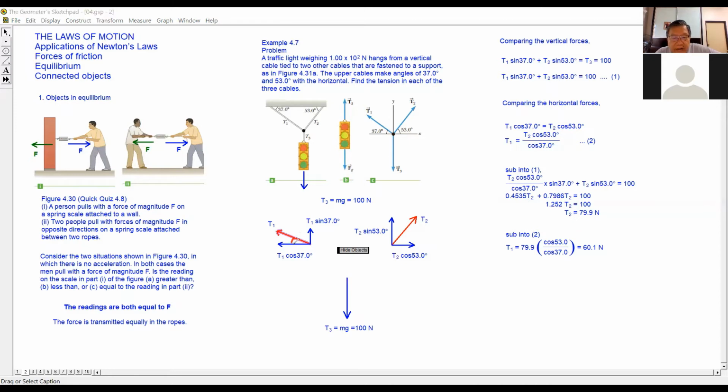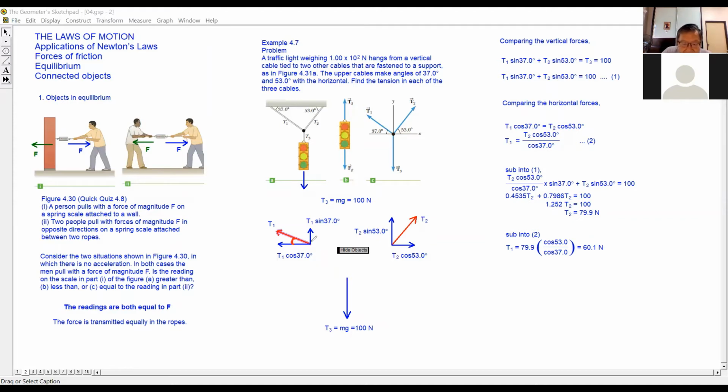If I resolve them into their components, the horizontal component is adjacent to the angle, so this horizontal component must be cos theta, and theta is 37 degrees. So the horizontal component is T1 cos 37 degrees.